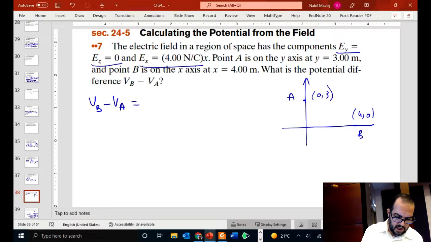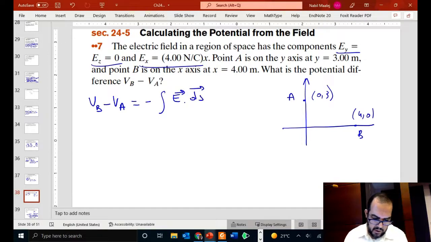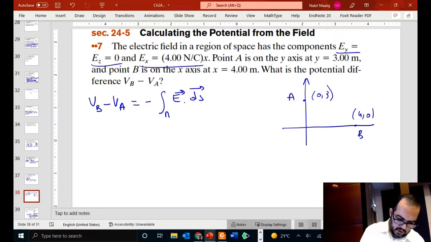We can write it's minus the integral of E dotted with ds. Okay, and this is the integral going from A to B. Now this integral I can expand it. I know E has an x component and y component. E has Ex i plus Ey j and so on.